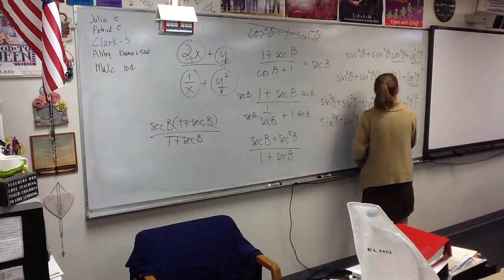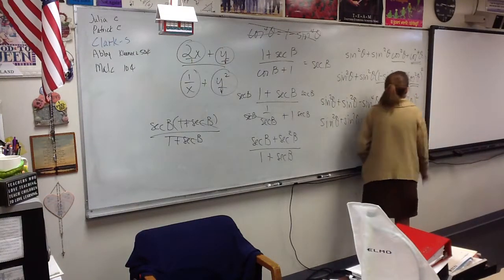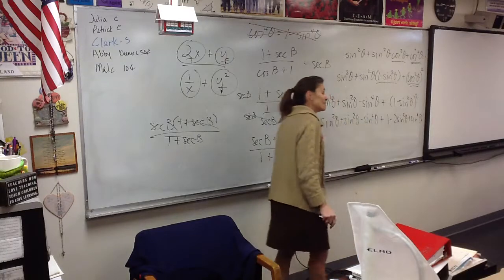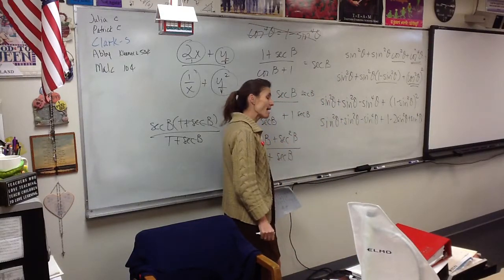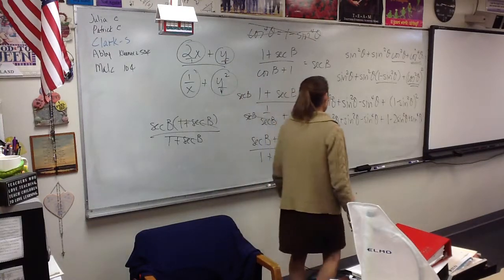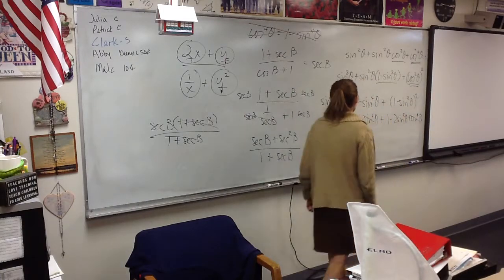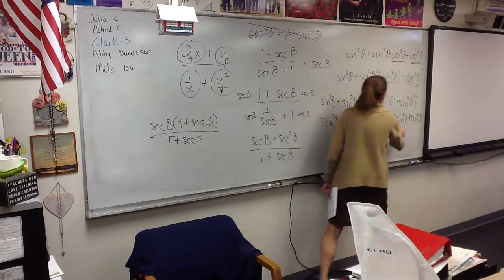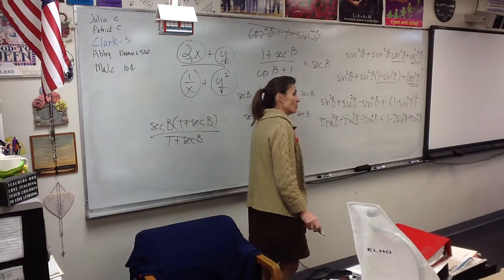So 1 minus 2 sine squared plus sine to the 4. You can always change even powers of sines and cosines into each other, but you have to do it in terms of the squares. So now when I collect like terms, what happens? The sine to the 4ths are gone. There's a sine squared minus 2 sine squared, and all that's left is 1.